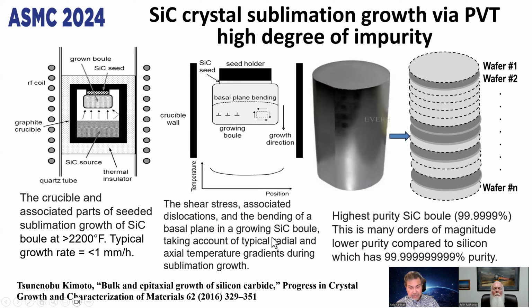But what is not indicated here is that in this process, silicon is being evaporated, carbon is being evaporated within the graphite crucible. Of course, graphite can withstand very high temperature, but at very high temperature, it does have an effect.